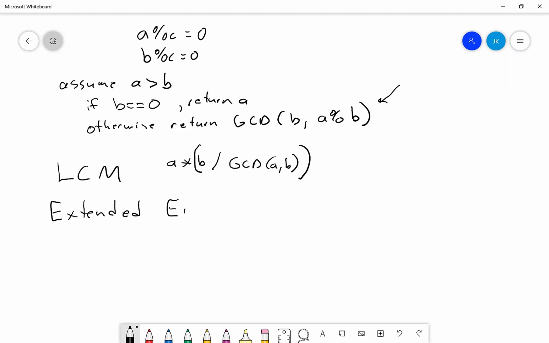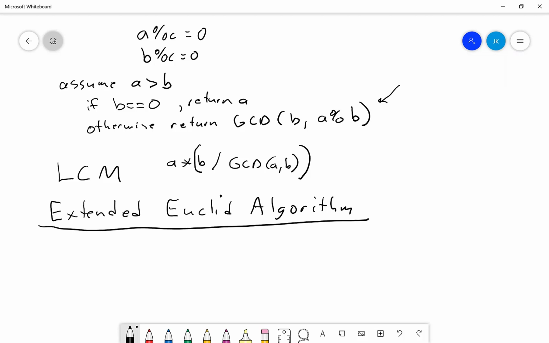So the extended Euclid algorithm is a way of solving equations, and we'll see why you might want to do some of these in a minute. This is a way to solve Diophantine equations.